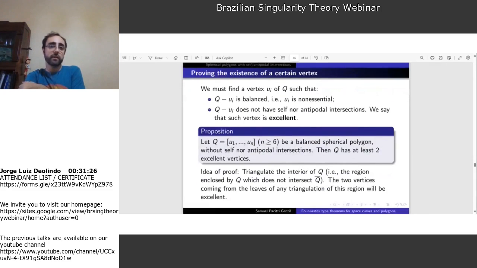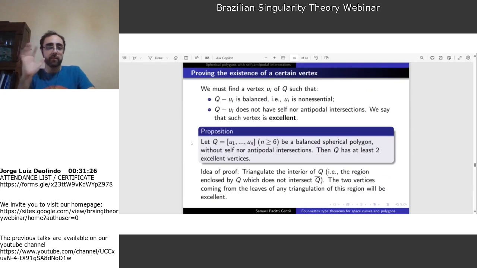So we must find a vertex such that this new polygon is balanced, in other words, u_i is non-essential, and also such that the new polygon does not have self nor antipodal intersections. We say that such a vertex is excellent. It's more than good, it's excellent, because the new polygon does not have antipodal intersections as well.